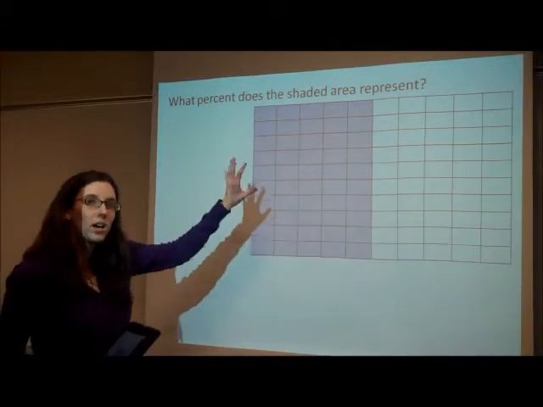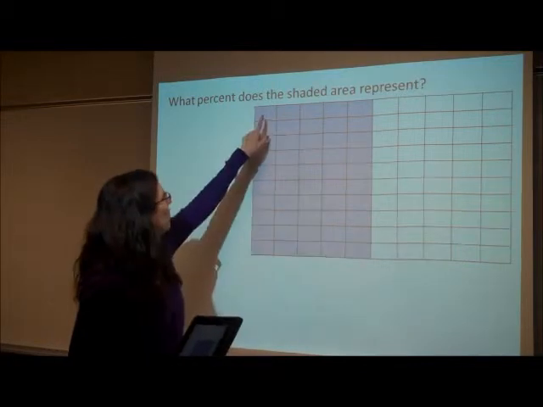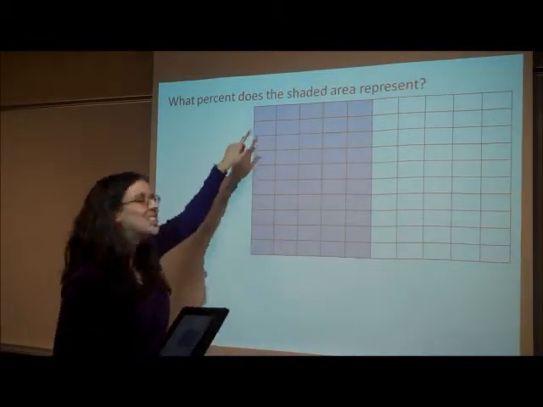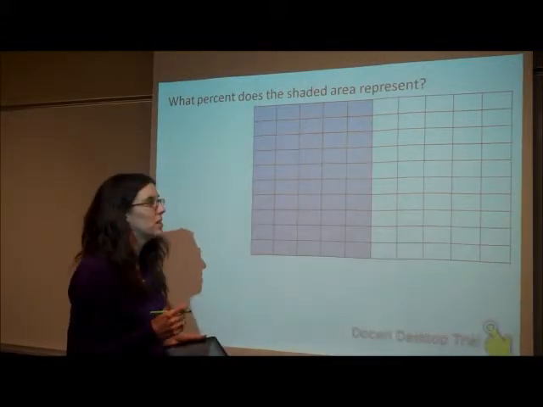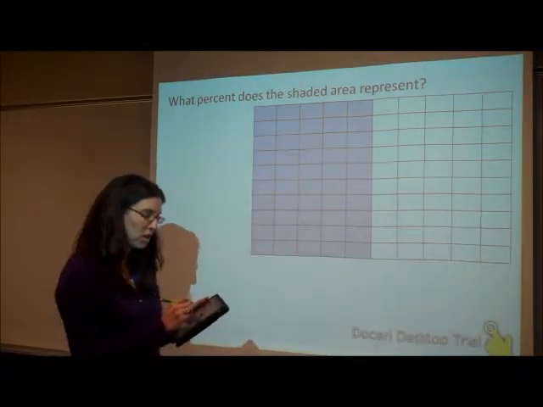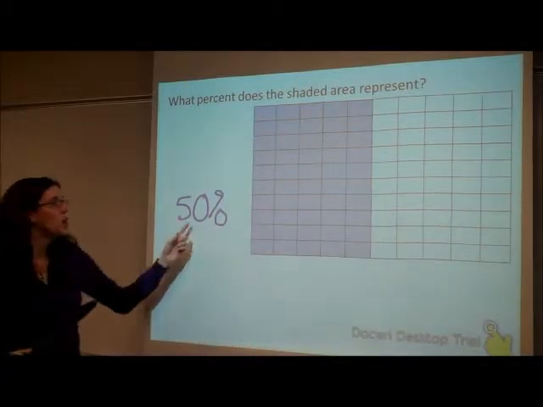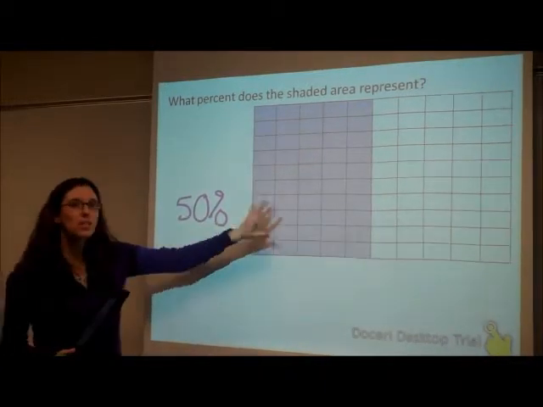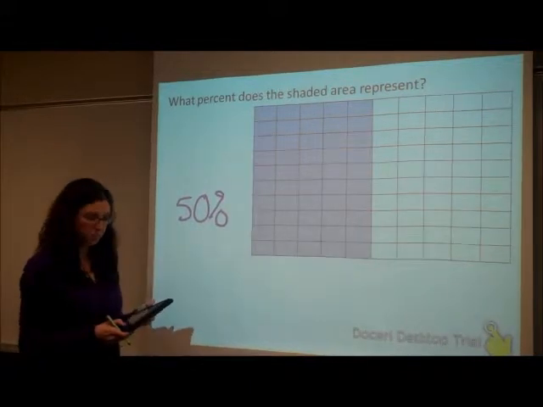When you have 100, all you have to do is figure out how many boxes are shaded in. Well, we have 1, 2, 3, 4, 5 rows of 10, so that means I have 50 boxes filled in out of this 100, so it would be 50%. This always means it's out of 100, so 50 out of the 100 are shaded in.